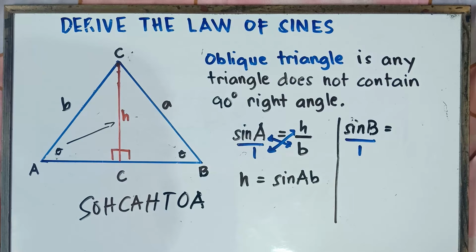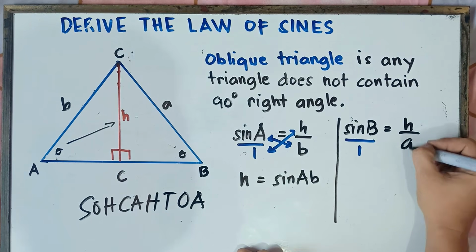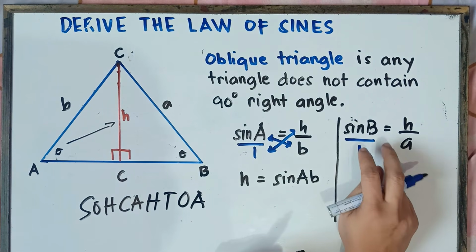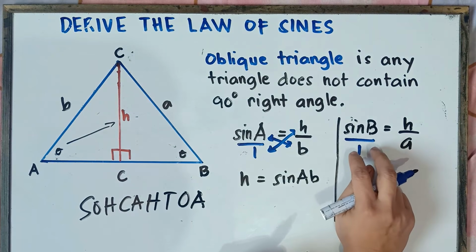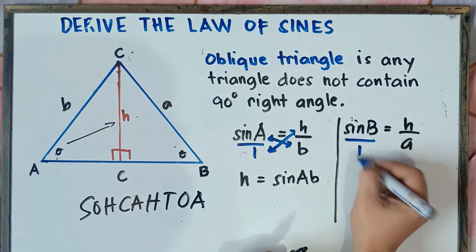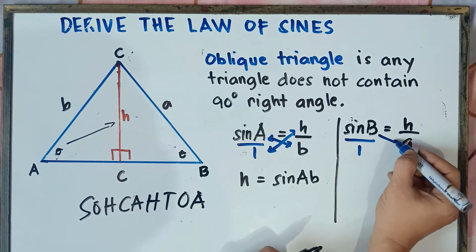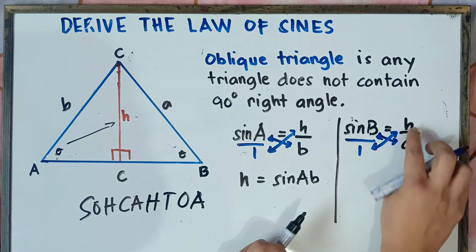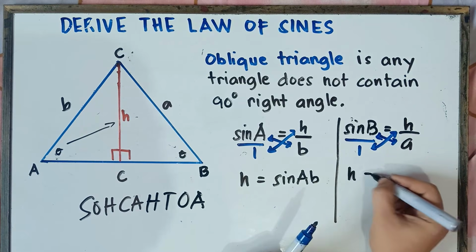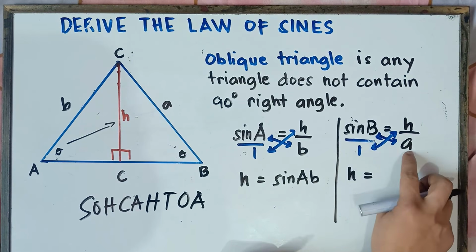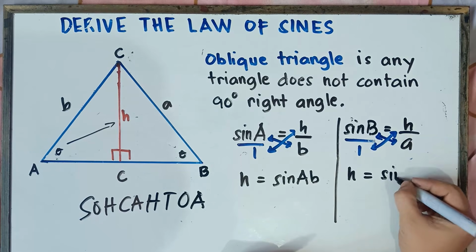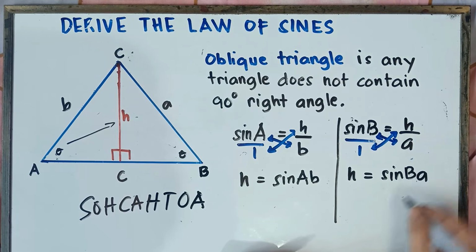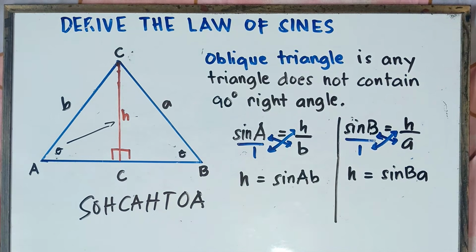Let me write it again: H over A. Simply cross multiply. H times 1, that would be H, is equal to sine B multiplied by A, sine angle B and then A.